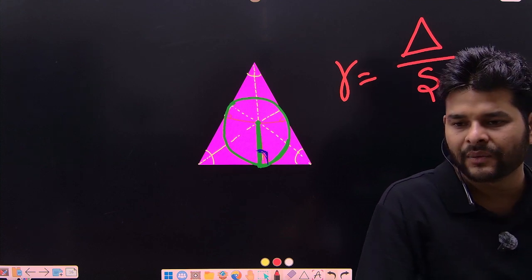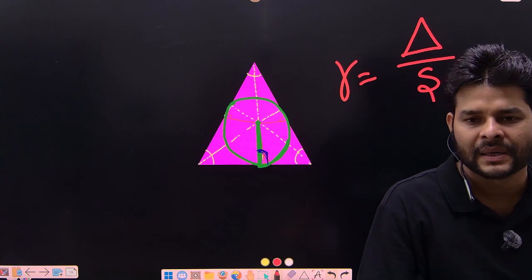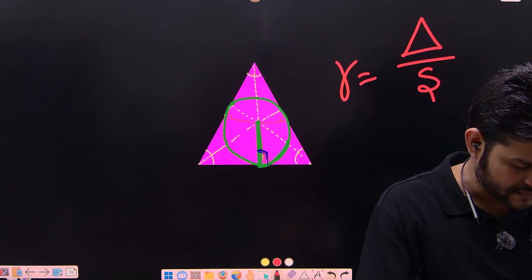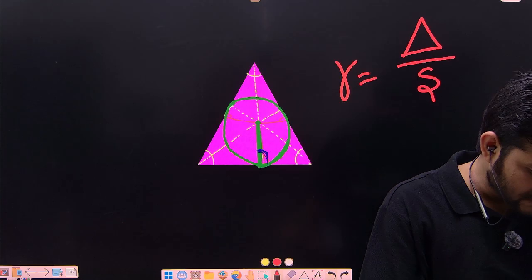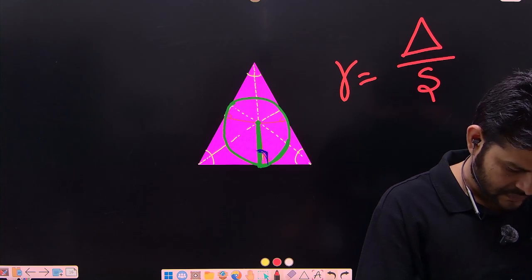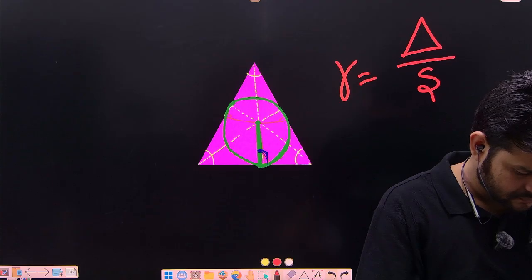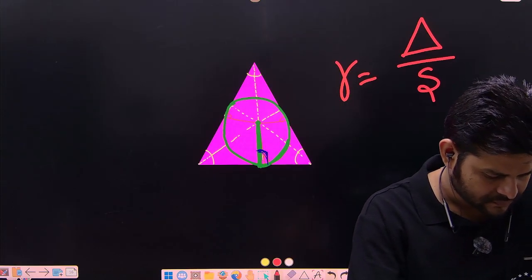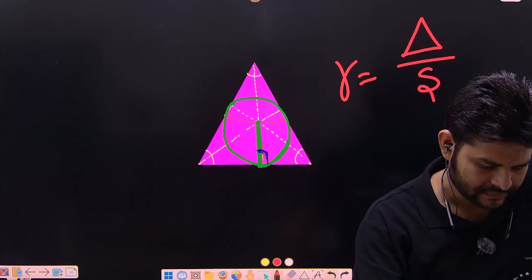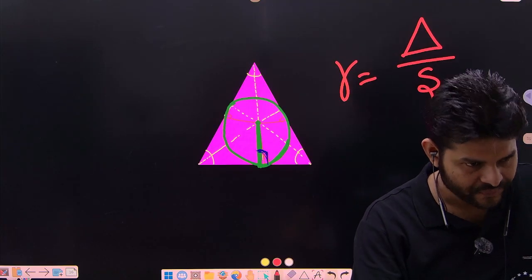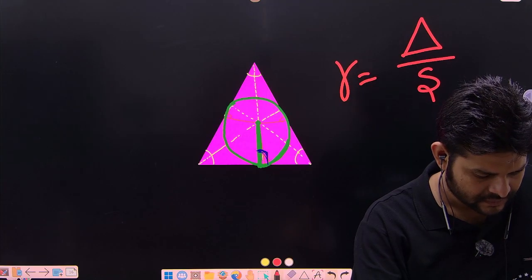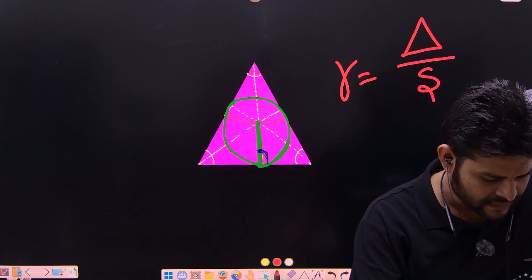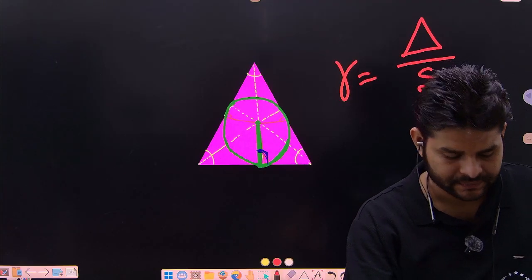Some important points about the incenter. The first is, the incenter is also the center of a circle touching all the three sides of the triangle.